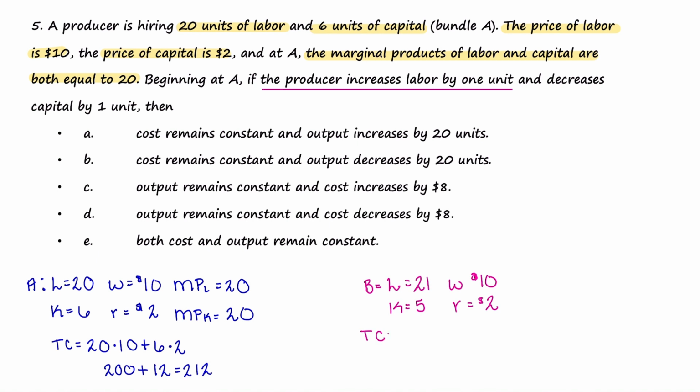Then total cost would be 21 times 10 plus 5 times 2, which is 210 plus 10, which is 220. So our costs increased by 8.